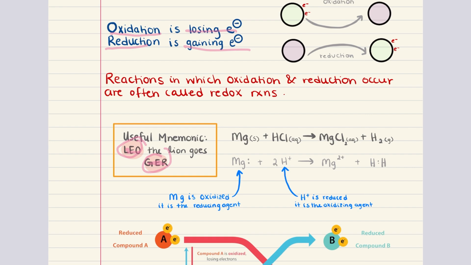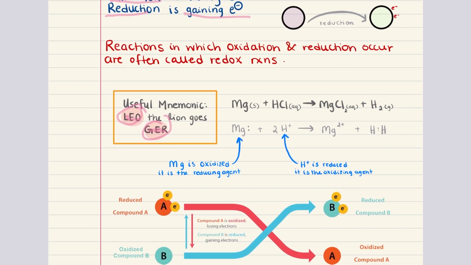Because oxidation involves the loss of electrons, the species undergoing oxidation becomes more positively charged. On the other hand, reduction involves gaining electrons, so that results in a more negatively charged species.